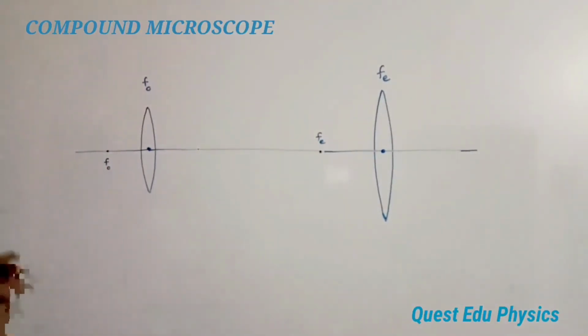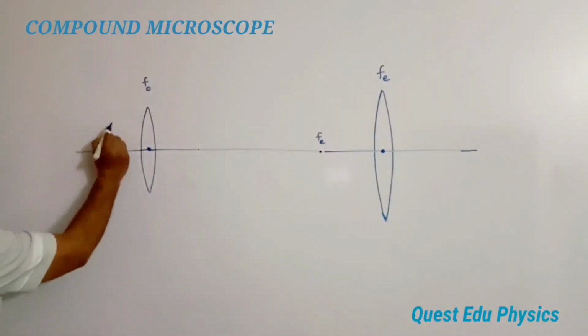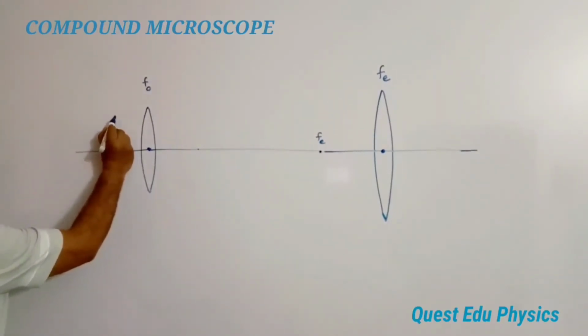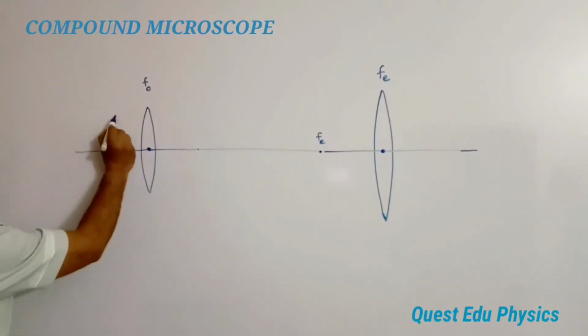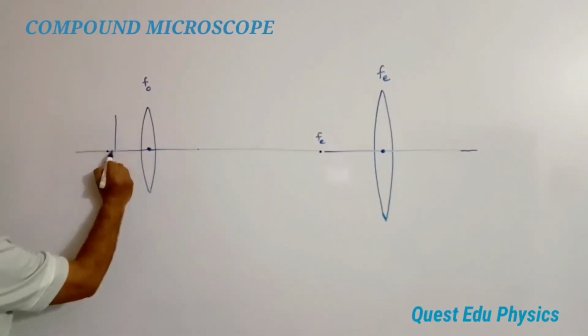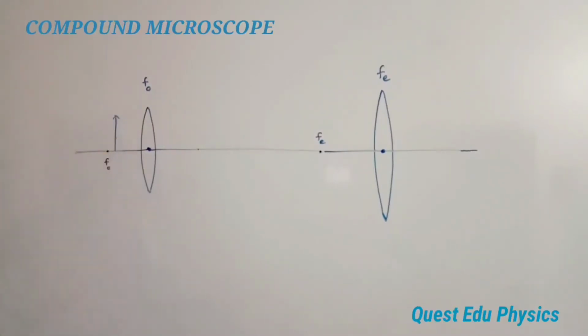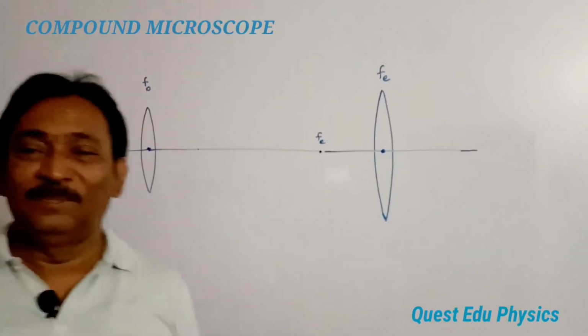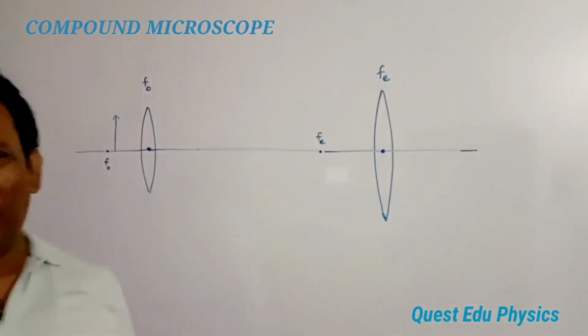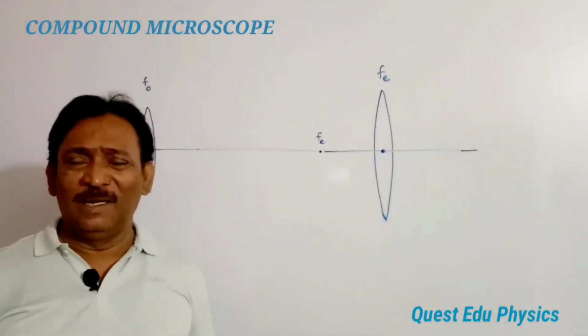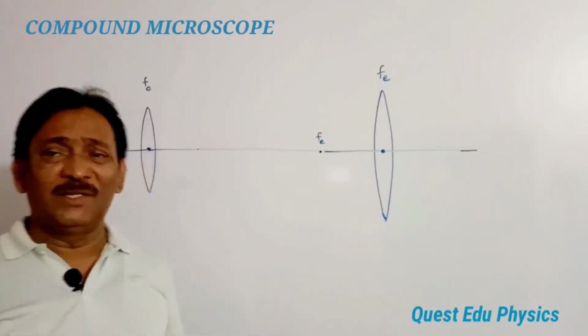Then after, we have to take an extended object, which means it has measurable dimensions, students. And you know how to trace the ray diagram. The simple technique is to take at least two rays to trace the image.